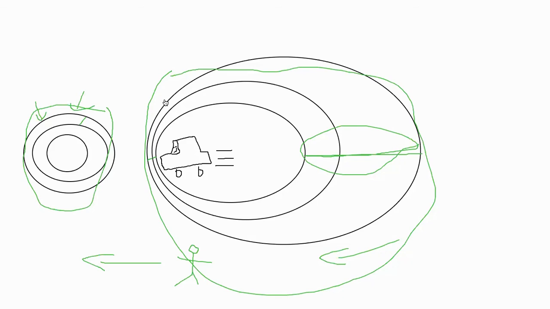And this also happens to light. If you go close enough to the speed of light, which is not possible, and you looked at a red sign as you pass by it, when it comes towards you, you'll see it as blue, because it's the same principle.